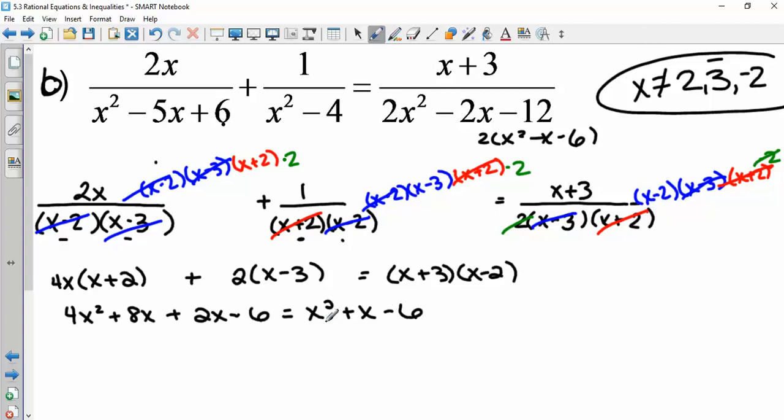Okay, we need to set this equal to 0. So if I subtract over my x squared, that's a 3x squared. Add these two and you get a 10x. And I need to subtract over that x, so we would have a 9x. And if I add my 6, those cancel, so equals 0.